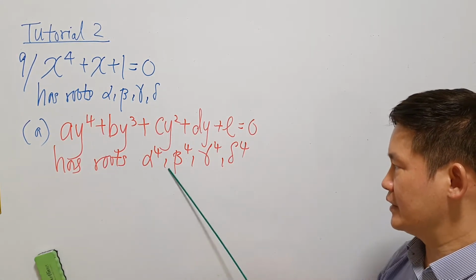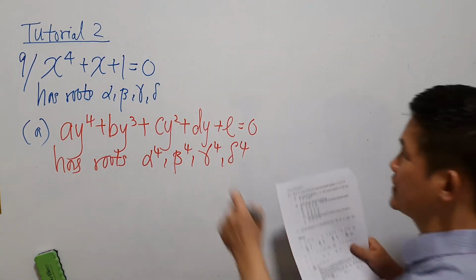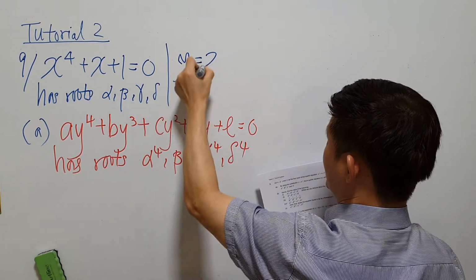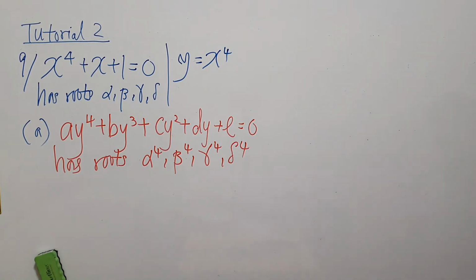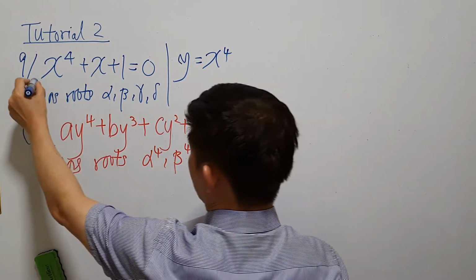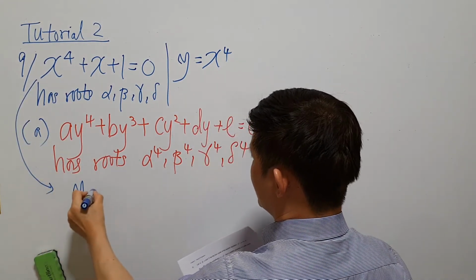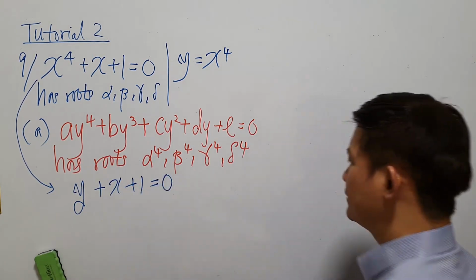Y is this. So by comparison, you can therefore see that y is actually x power 4. Alright, y is actually x power 4. So now we want to do the replacement. From here, this becomes y plus x plus 1 equals to 0, right?